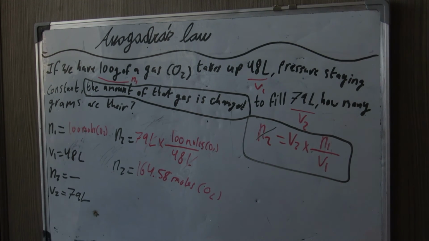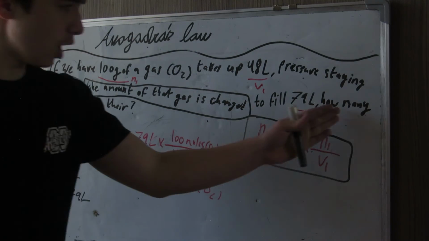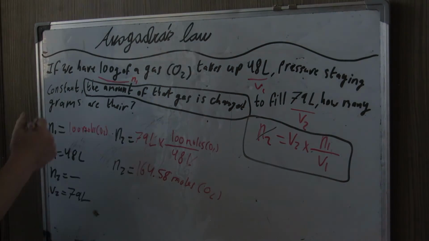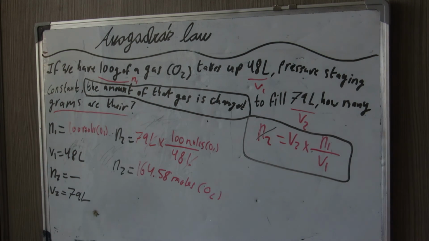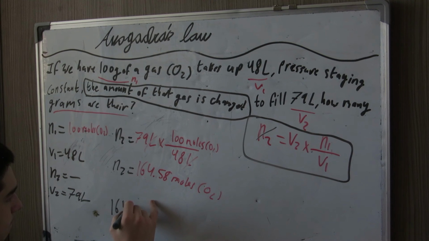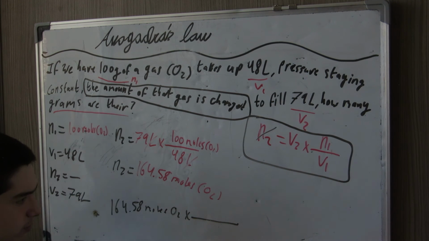Great. We finished? No, we did not. Because the question says, how many grams are there? So we need to find the number of grams. Now in order to convert that, it's really simple. And to do that, we're going to take 164.58 moles of O2, and let's convert it to grams of O2.